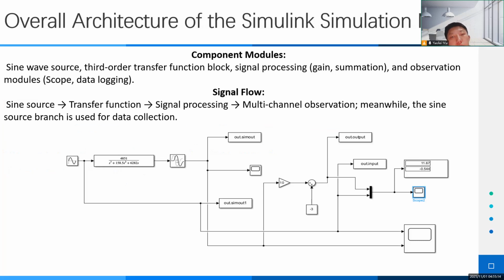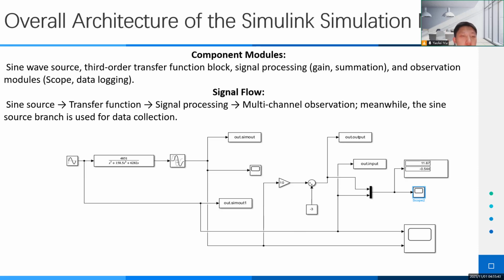The signal goes through the transfer function we designed. Signal processing modules. These include gain and summation blocks to adjust the signal if needed. Observation modules. We use a scope and data logging tools to check the results.